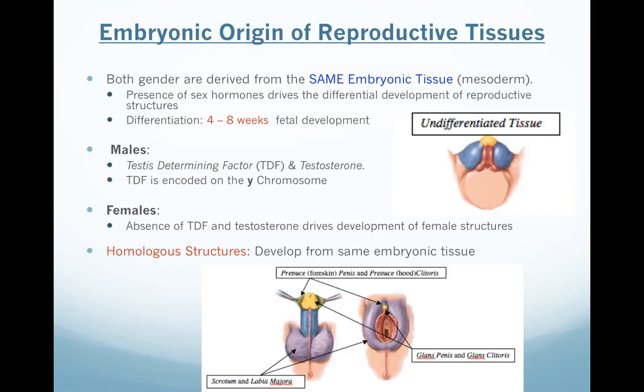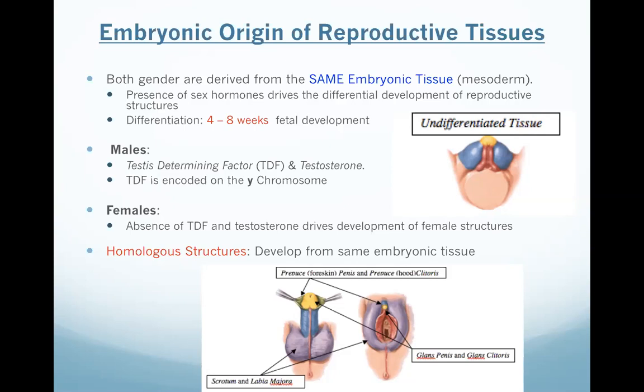Differentiation starts at about 4 to 8 weeks, where we start to see cells moving toward being male and being female. This driving force is going to be initiated by the Y chromosome. The default pattern is a female, but if you have a male Y chromosome, then you're going to find that the sex cell tissue, that embryonic mesoderm, is going to start to differentiate into male structuring.